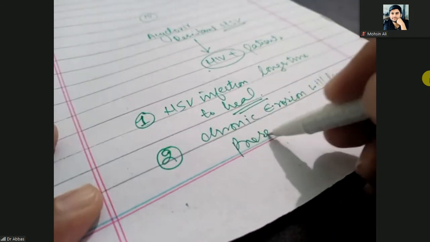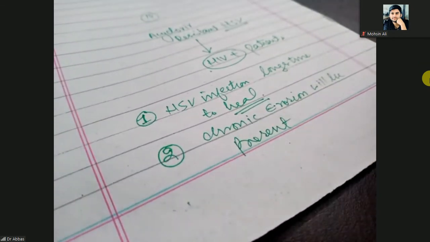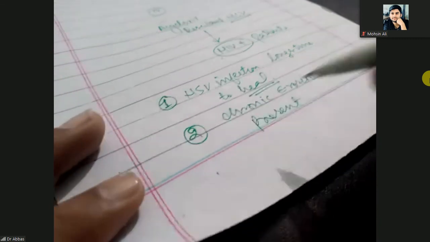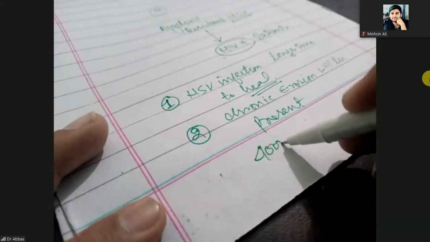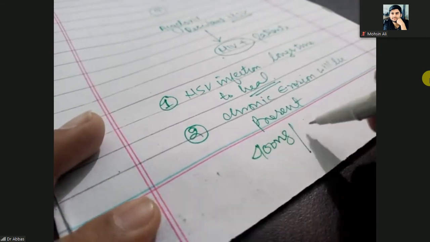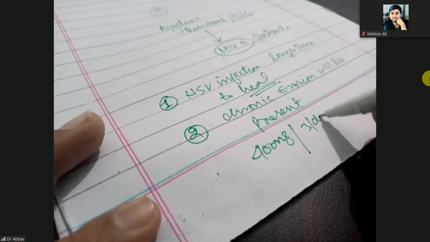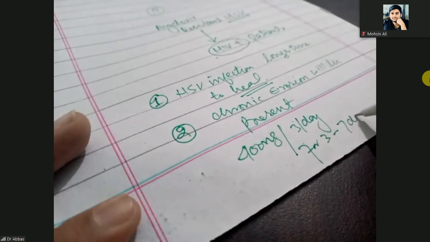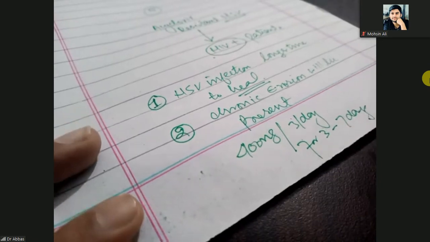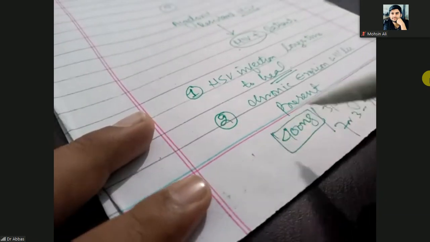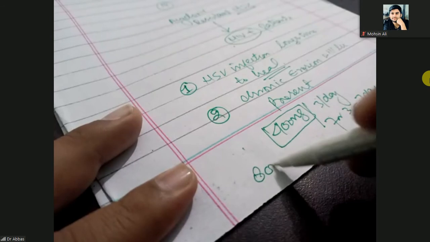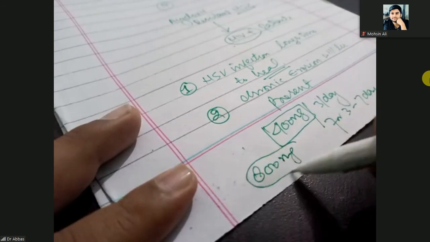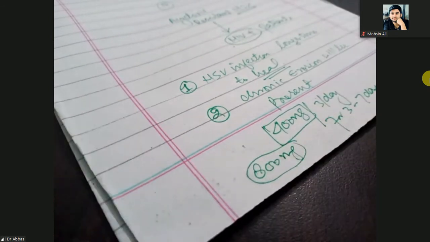So how will you know the patient is resistant to the acyclovir? Initially, you are giving a dose of 400 milligram acyclovir 3 times per day for 4 to 7 days. Now you will increase the dose, maybe up to 800 milligram, but still no response.